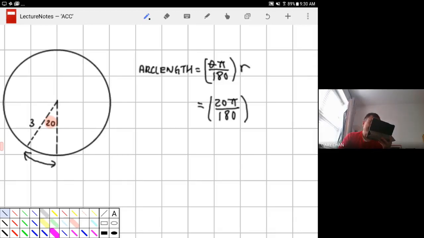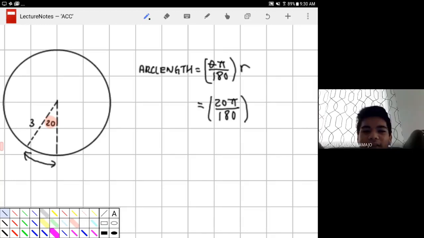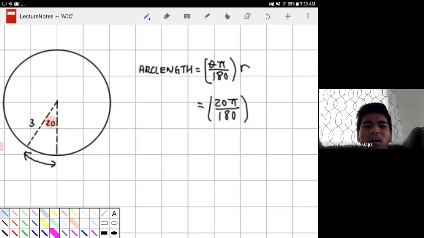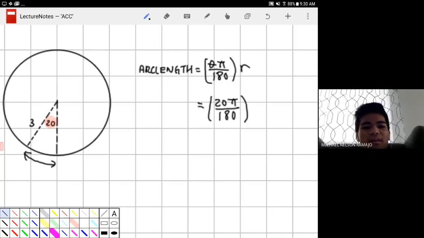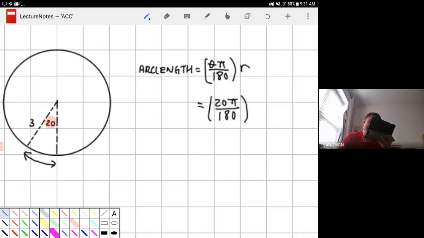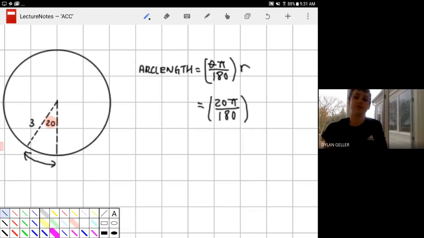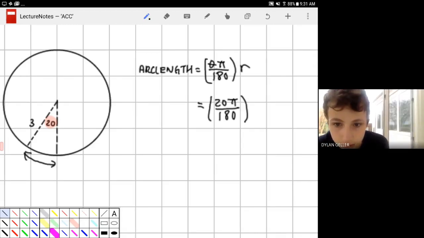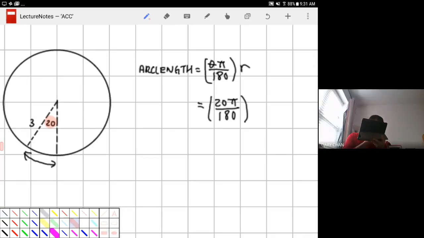Michael, can you tell us what r is? R would be 20. No. Dylan, do you know what r is? Three. It's 3.